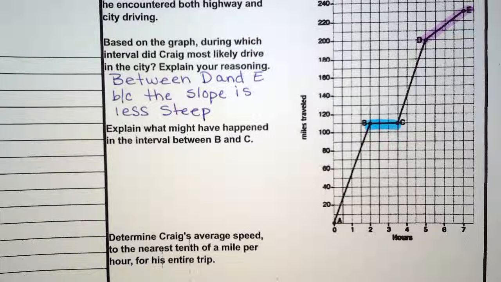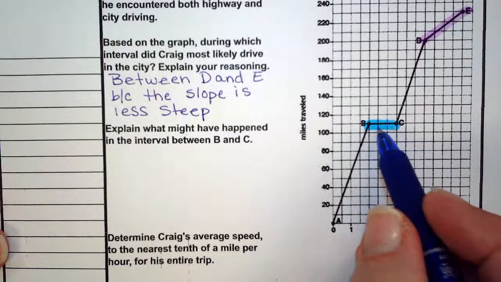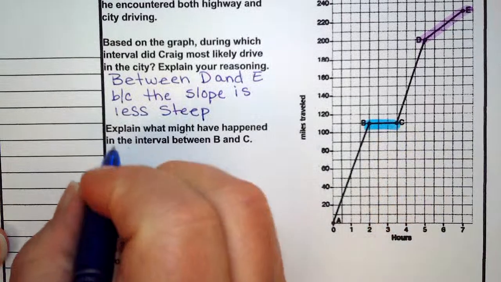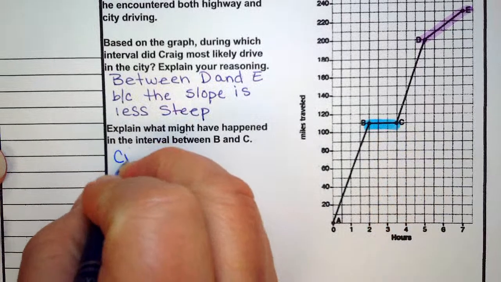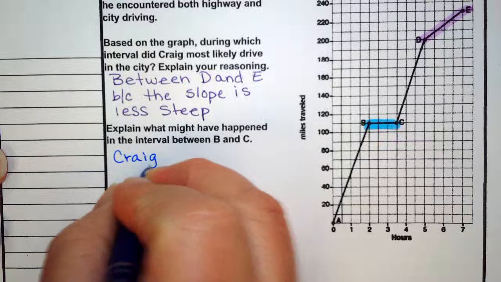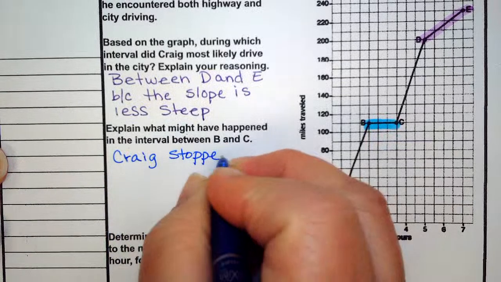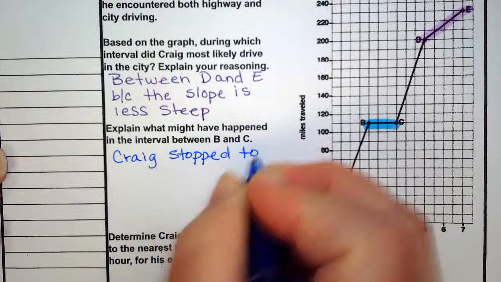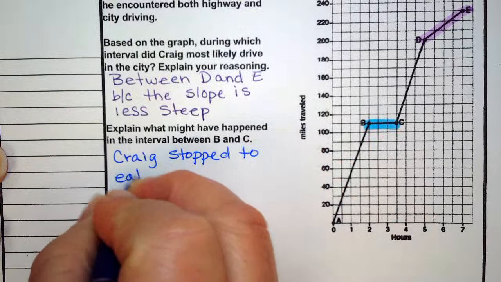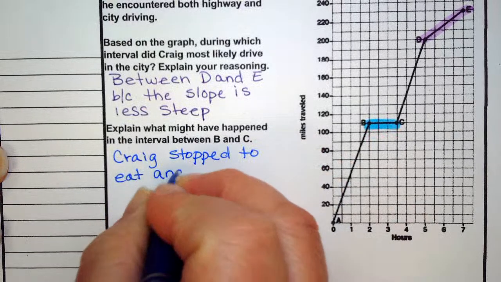That means he's stopped. Okay, it's for about 1, 2, 3 hours. So Craig stopped to eat and visit a friend.